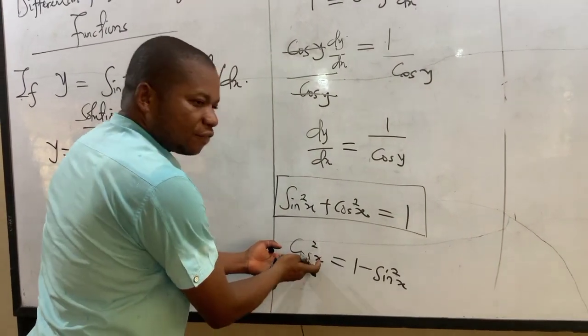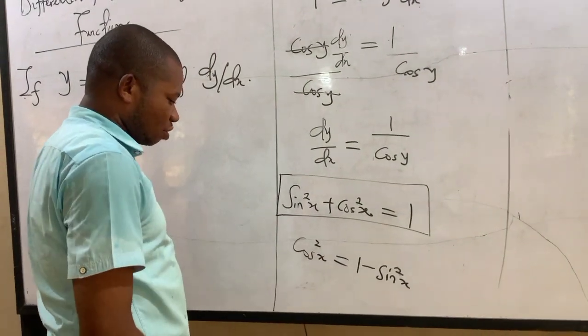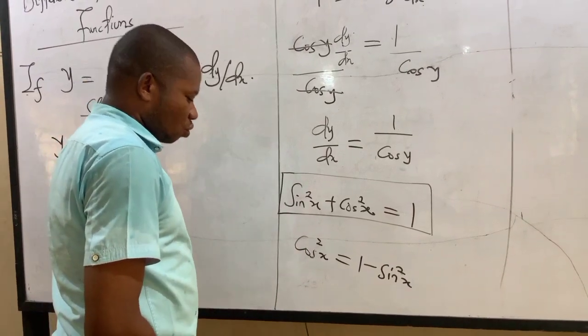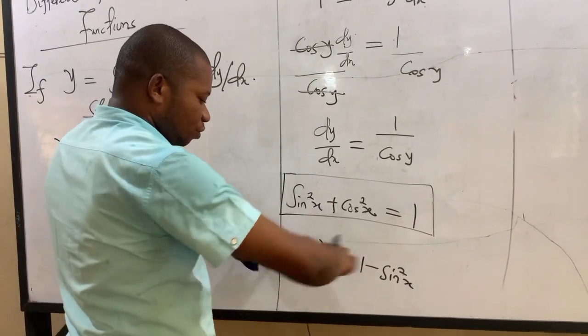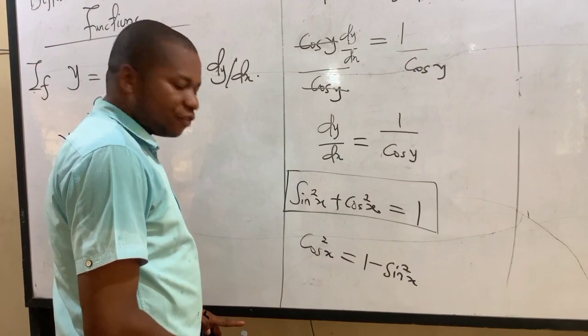But what if I'm looking for only cos x, not cos square? I take the square root of both sides of the equation.